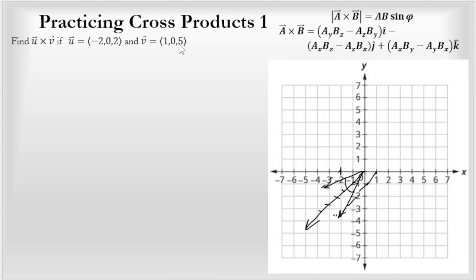So I'm going to get some vector in space. When I cross them, both of these vectors lie in the xz plane. This is an xz vector and this is an xz vector.